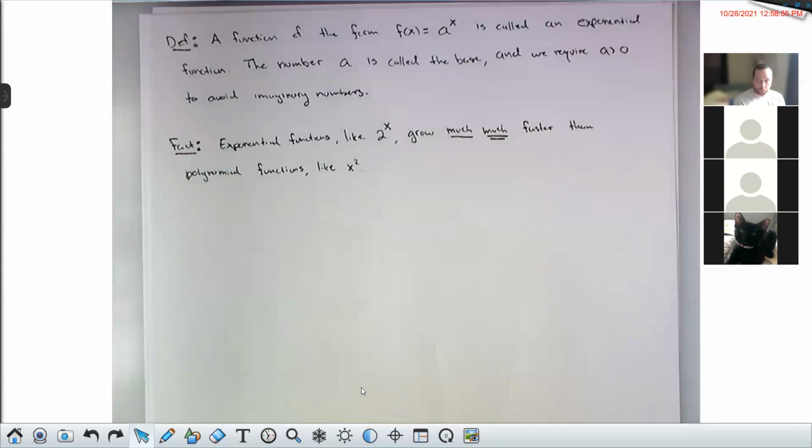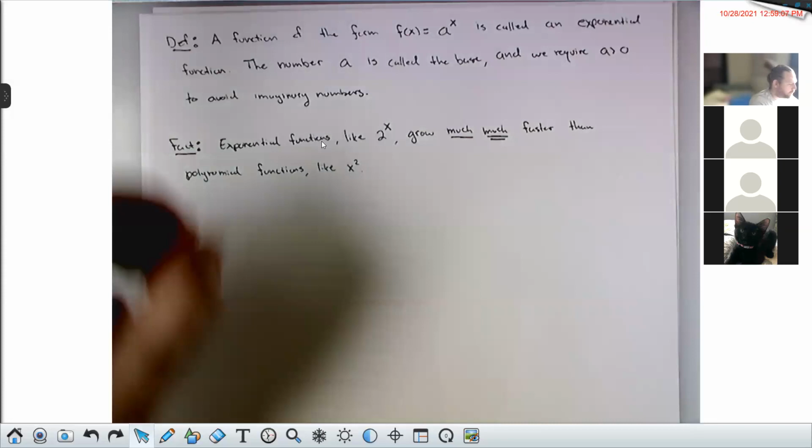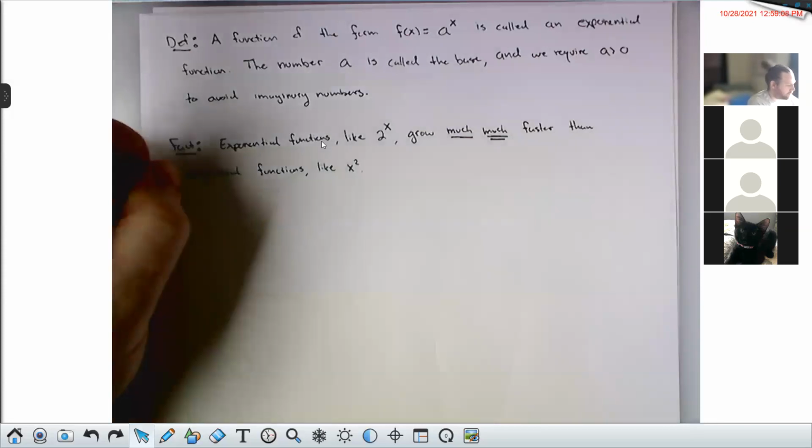Think about like slopes, right? Yeah, average rate of change, right?